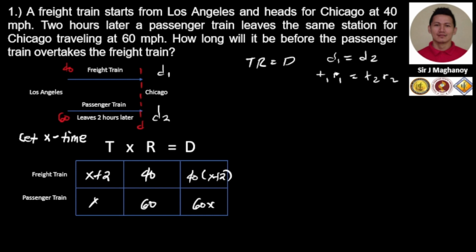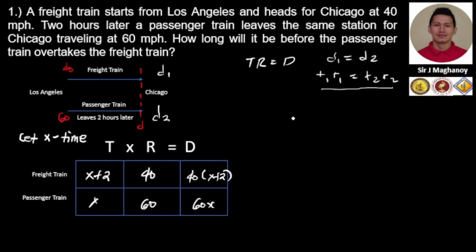That is how we set up our equation comparing the two objects based on the given condition that both trains are equal in distance. So that's how to understand the movement of our time, rate, distance box.